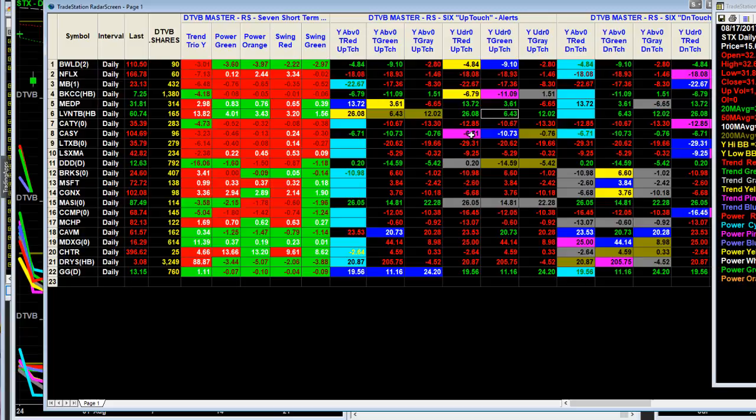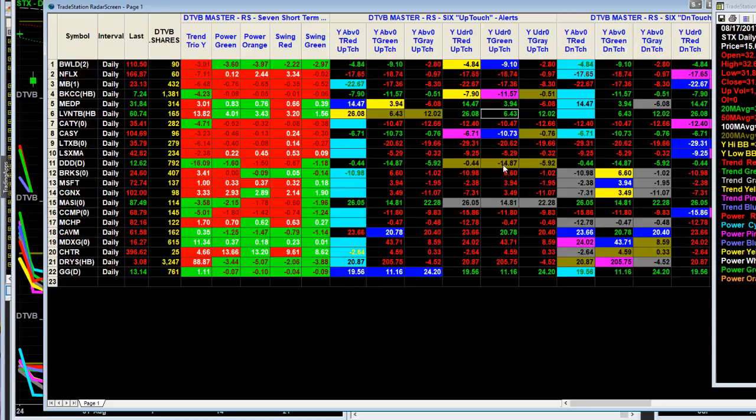Then the trend red is up touching the pink line, and the gray line is under 0, and the tan line is the 0 line. I use the tan line as the 0 line in all the charts, and so this basic same color is going to be used here.